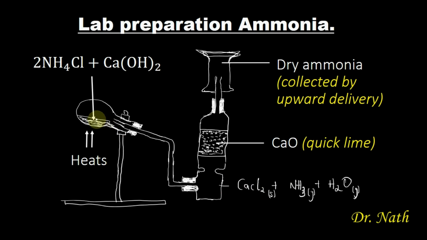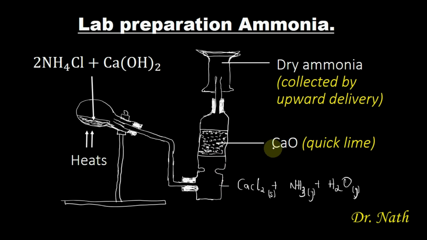the ammonia and the water will move down into this part of the setup, and the ammonia will then move upward. The reason why it will move upward is because it is lighter than air. So air will come down while ammonia will go up.